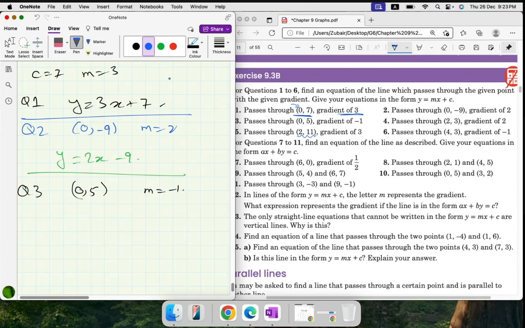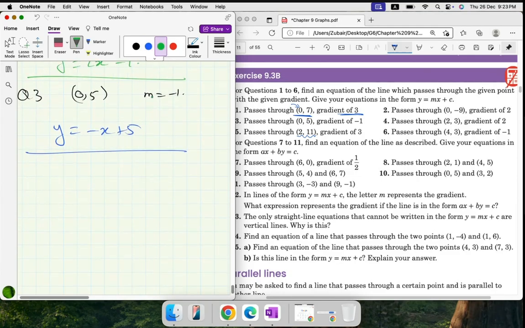Sir, y equals minus x plus 5. y equals minus x plus 5 is correct.